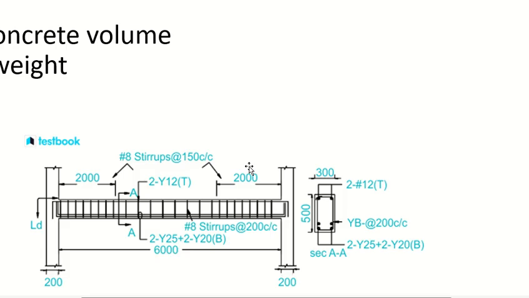But that means you have to do something with the column calculations. After this, if you calculate the quantity of column, you have to include this one. You cannot ignore this much concrete, right? So your column will not be from here till here and then from here to here. Your column will be the entire column, no breaks. Got it? Clear or not?